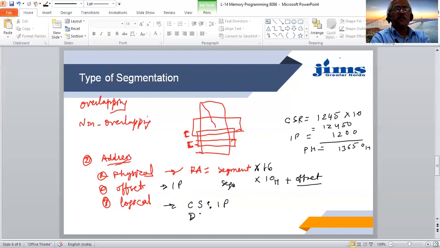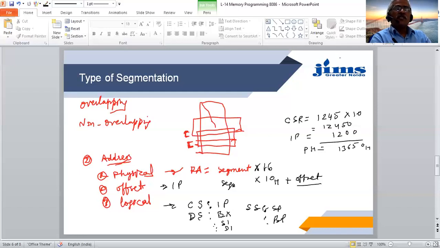If it is a data segment, we can write DS followed by either BX or SI or DI. In the case of a stack segment, we can write stack segment colon SP, or the stack segment followed by BP. So this is how the logical addresses are written.